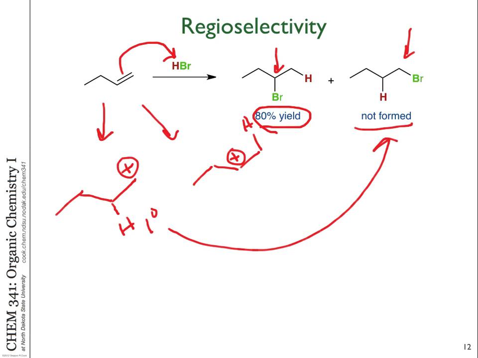Obviously, we're comparing the formation of a primary carbocation versus a secondary carbocation, and whether you're trying to do that by protonation of an alcohol and cleaving an O-carbon bond, or by addition of H+ to a double bond, the principle is the same. The secondary carbocation is lower in energy, it's more stable, and so it's formed fastest. In this case, the product only results from the formation of the secondary carbocation.